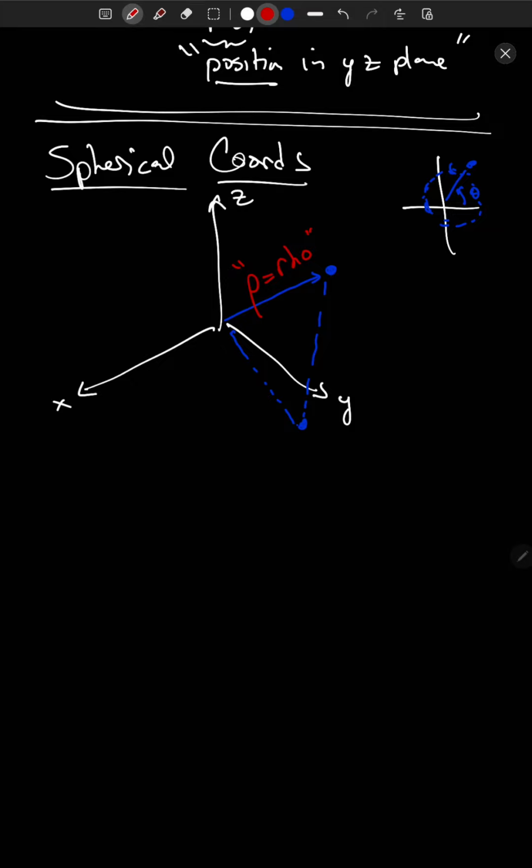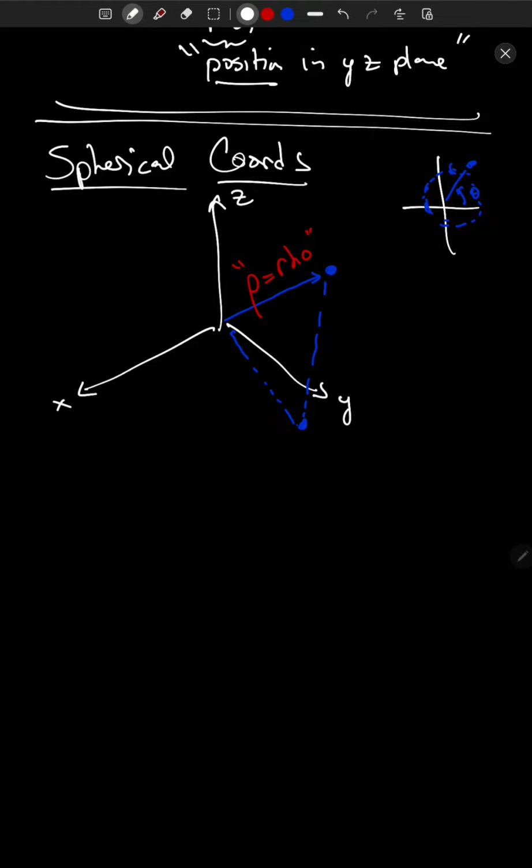That's how far you are from the origin, right? So that is our analog in spherical coordinates to the r in polar coordinates. Okay, now the other two coordinates are going to represent where you are in terms of the sphere, right? Just like theta tells you where you are in terms of the unit circle. Okay. All right. So how do we do that?